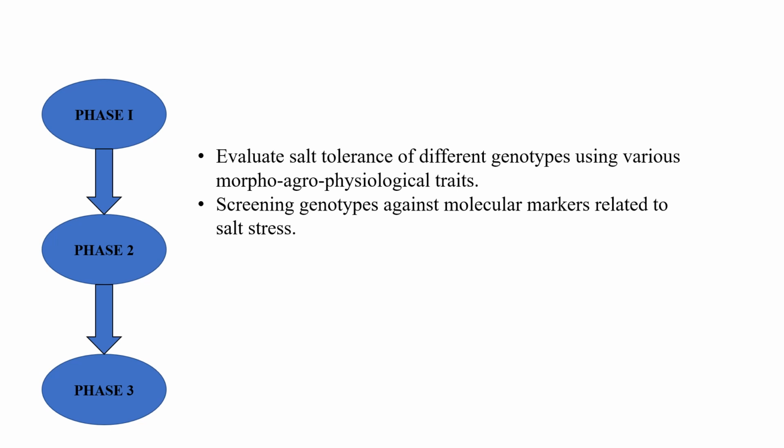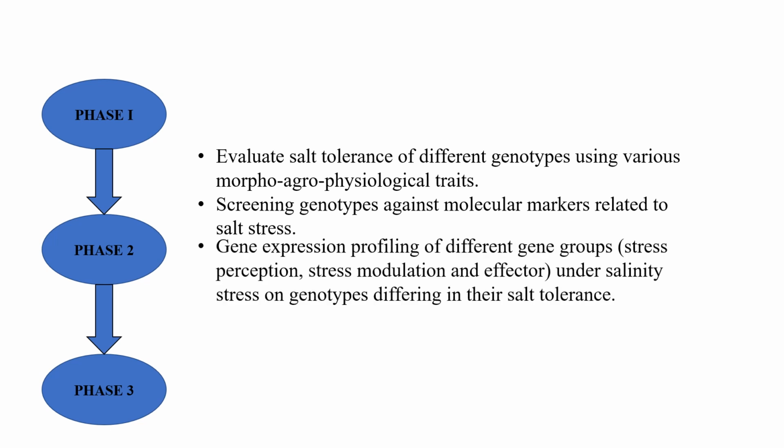So here are the main phases that we can use to determine the salt tolerance level. In the first step, evaluate salt tolerance of different genotypes using various morpho-agrophysiological traits, screening genotypes against molecular markers related to the salt stress.